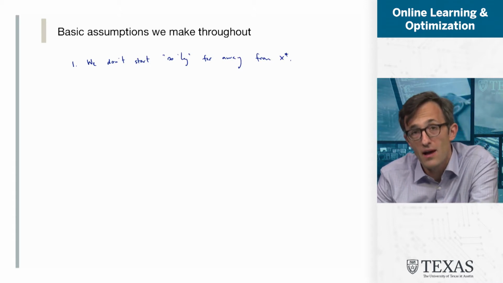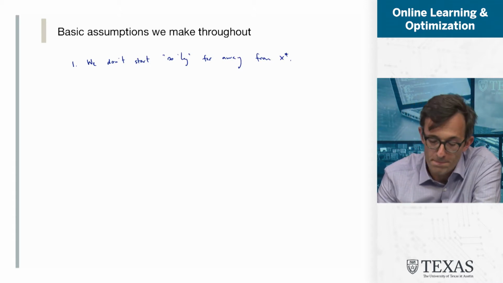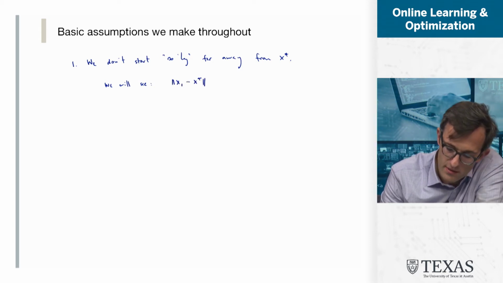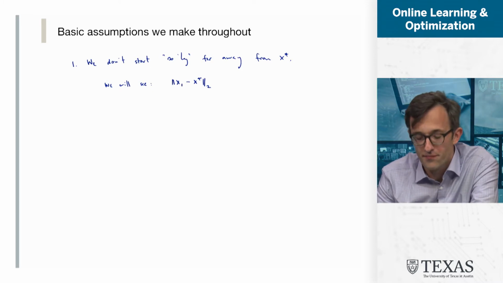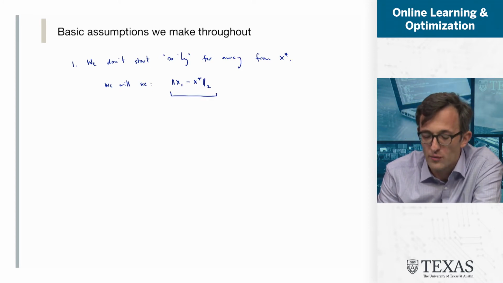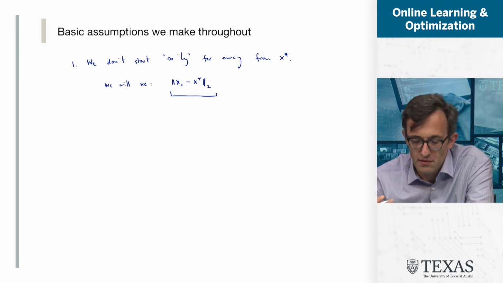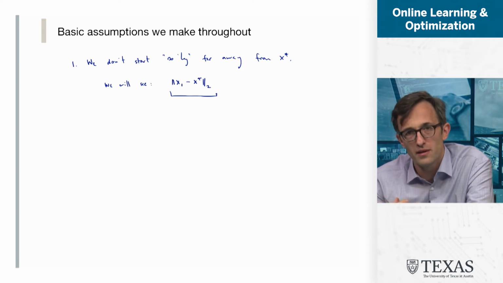A lot of the bounds that we're going to give will have a term that looks like x1 minus x star in the bounds. This is a measure of how far away we start. Of course, we can't know this exactly because we don't know x star.